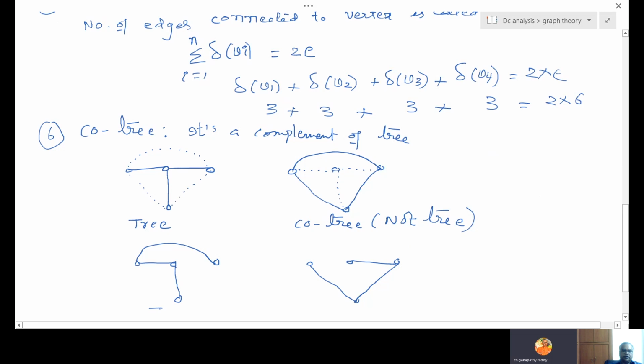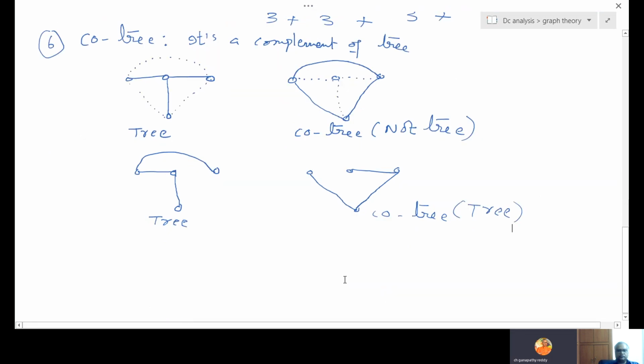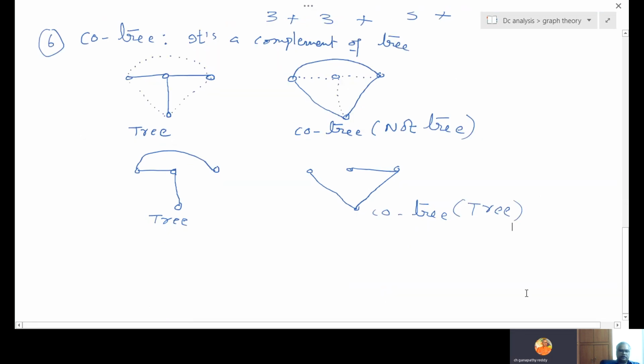So this is a valid tree. This is a co-tree. But this co-tree is a tree. Why is this co-tree a tree? No closed loops. So in this there is no closed loop, therefore it is a tree. So all co-trees are not trees, some co-trees are trees.